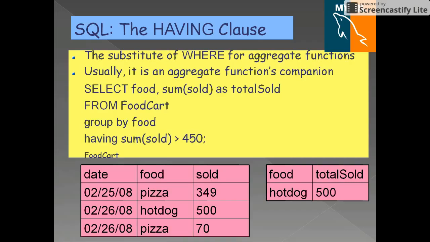Suppose we want to print just the hot dog, just read the query: SELECT food, SUM(sold) AS total_sold, as we have done previously, FROM food cart, GROUP BY food, HAVING SUM(sold) greater than 450. All the command was as previous in the GROUP BY clause, but if we want to print the amount which is greater than 450, we can do so.